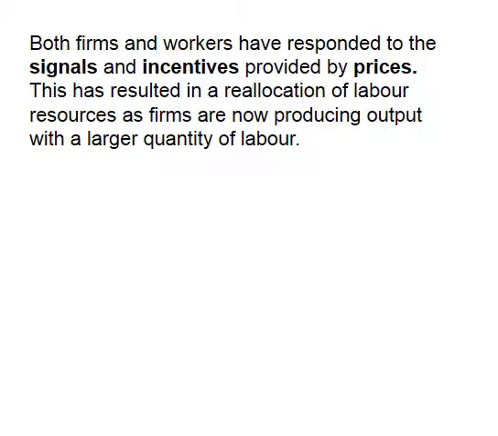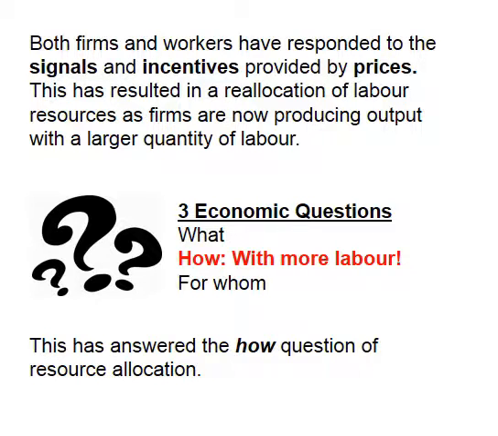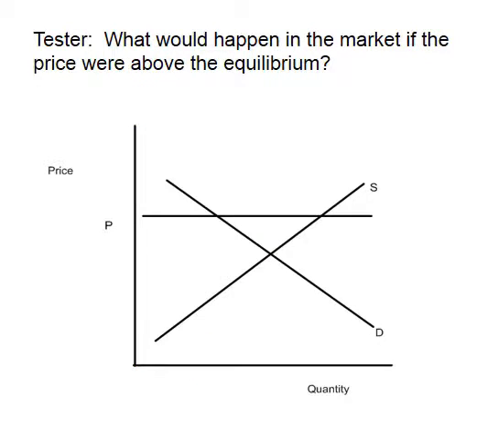This has resulted in a reallocation of labor resources as firms are now producing output with a larger quantity of labor. So this has answered the economic question of how, in terms of the resource allocation.